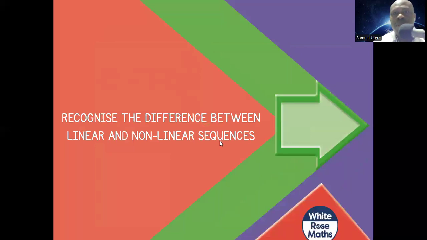So, in your previous lesson, you learned how to represent sequence in a tabular form and also in a graphical form. And then you were able to use the tabular form to show whether a sequence was linear or non-linear.